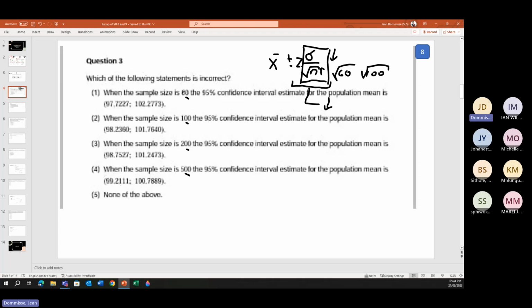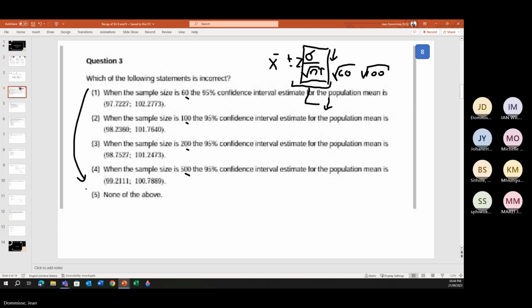So as sample size increases, the confidence interval will become less. Okay, so that feels correct, but we still need a bit more information to tell us if we're starting off with the right one.